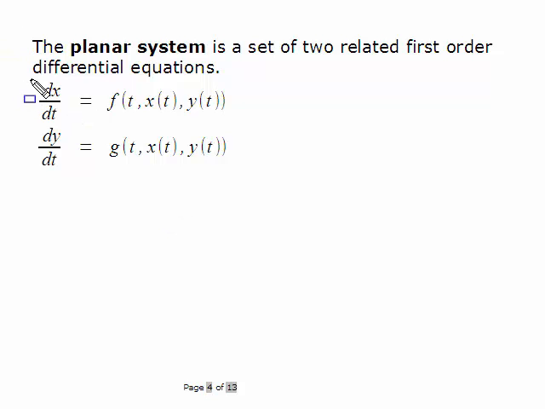So these 2 equations are related. How are they related? Because the derivative with respect to x is some function of time, x of t, and also of this variable y.